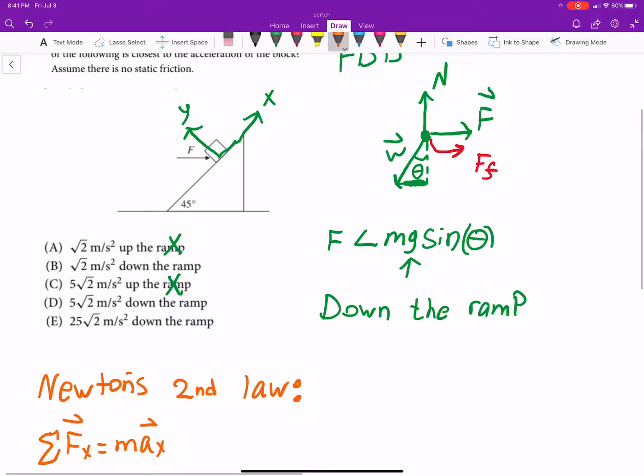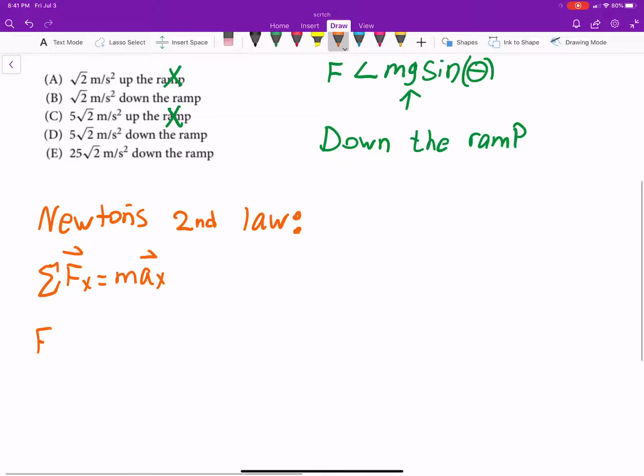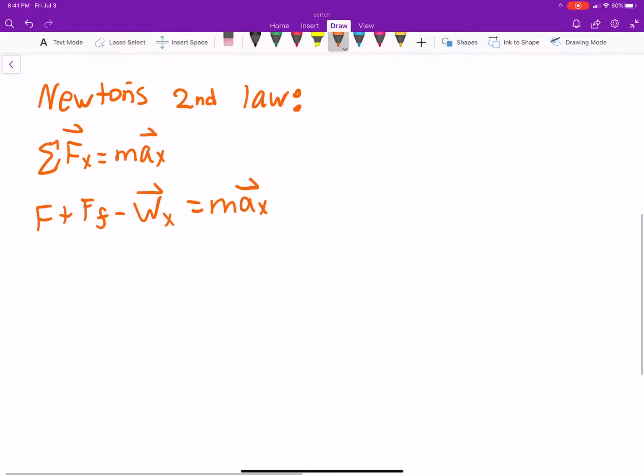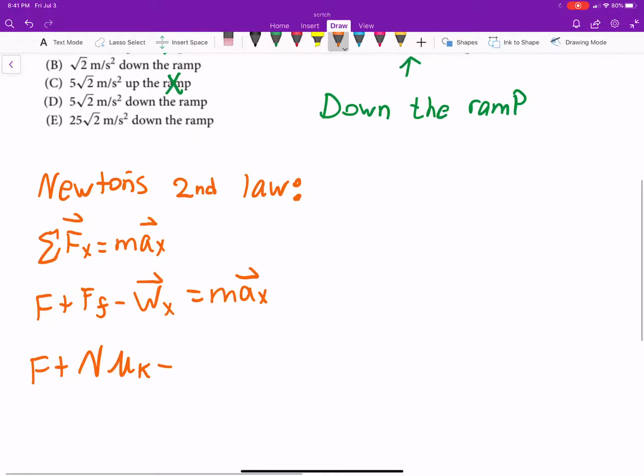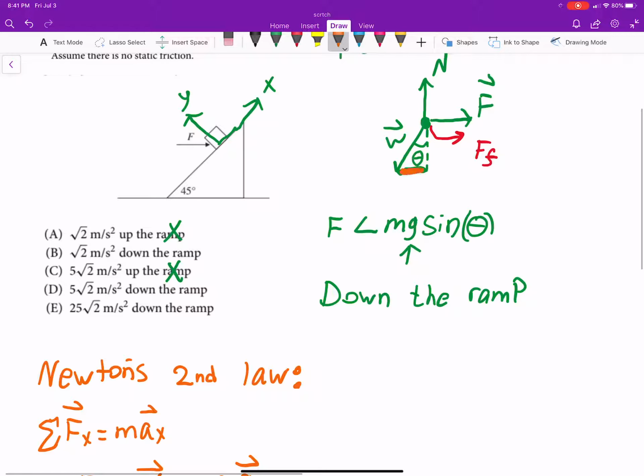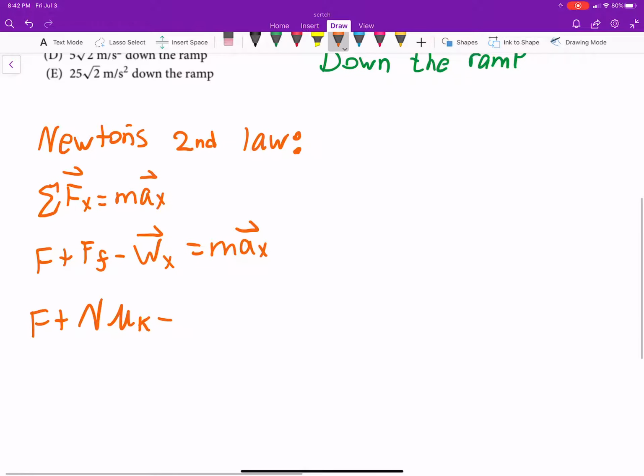So we have a force applied, so we'll call that F, plus a force of friction, minus the component of gravity in the x direction. And we know that the force of friction is the normal times your kinetic friction coefficient. We know that this component is mg sine theta by just right triangle trig.